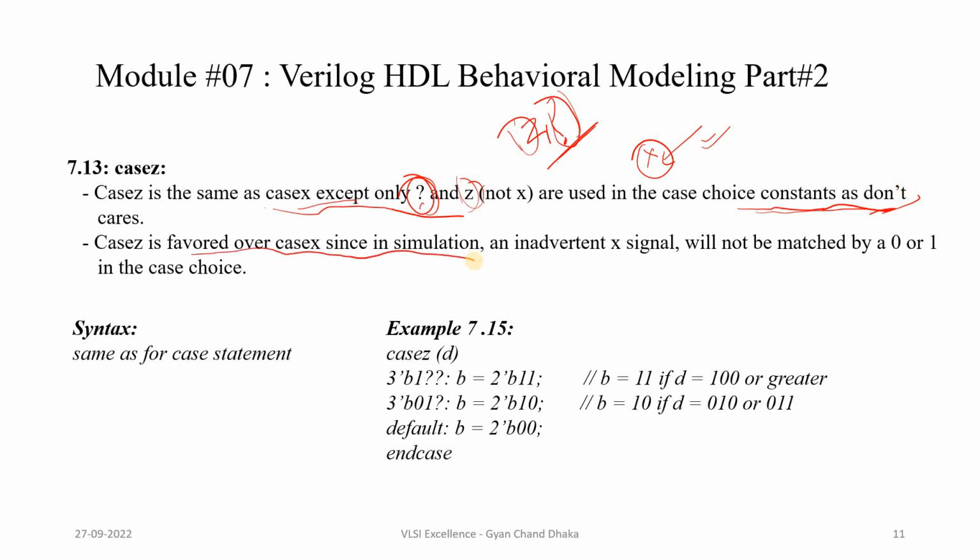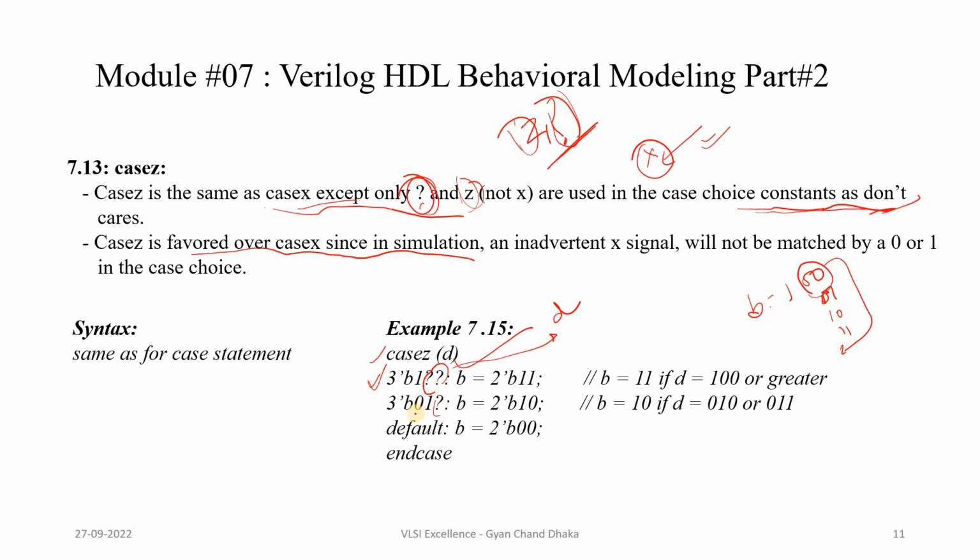Now let's see one example here. We have our casez statement and the expression is variable D, and the first case choice is 3'b1 followed by two question mark symbols. So what will happen is, if D is equal to 100 or 101 or 110 or 111, all these values, this case item will be selected, because in casez this question mark character is considered as a don't care.